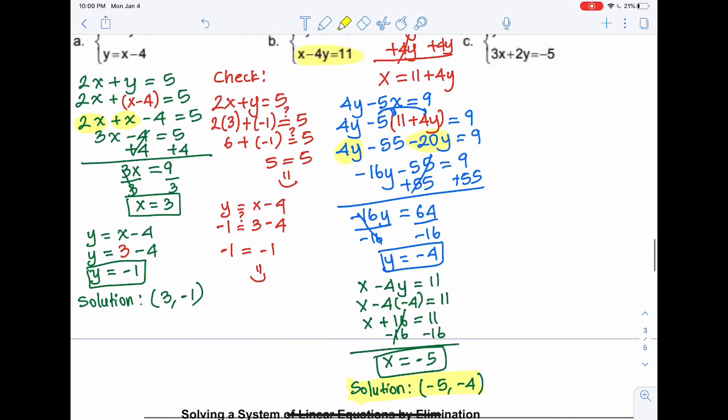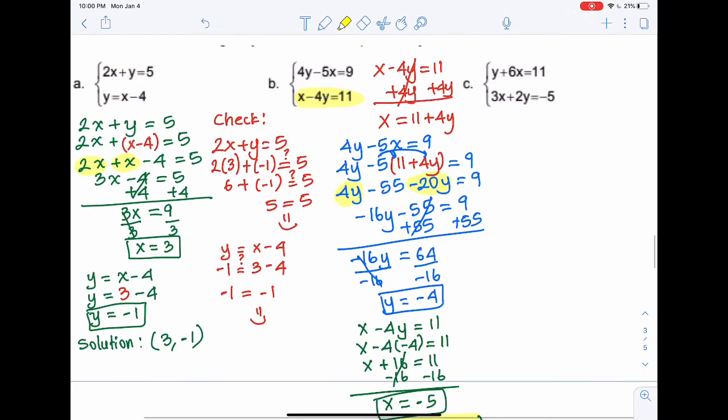Okay, now the last question for this lesson is y plus 6x is equal to 11, 3x plus 2y is equal to negative 5.